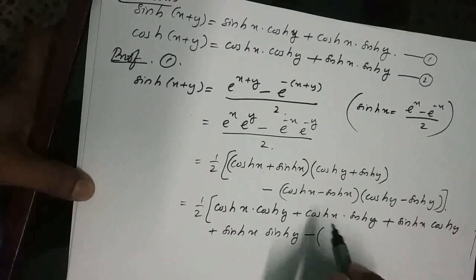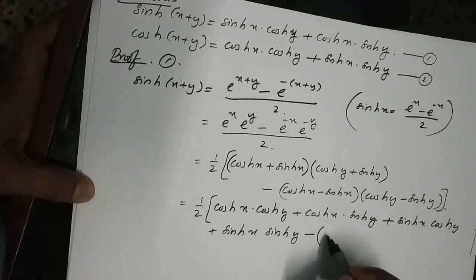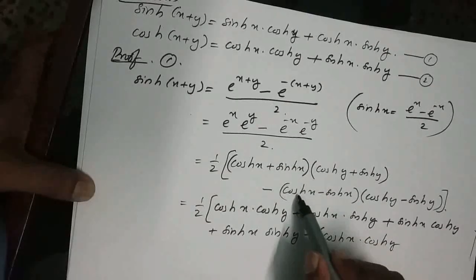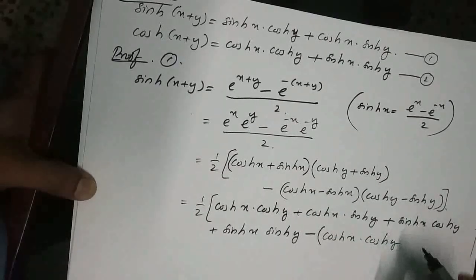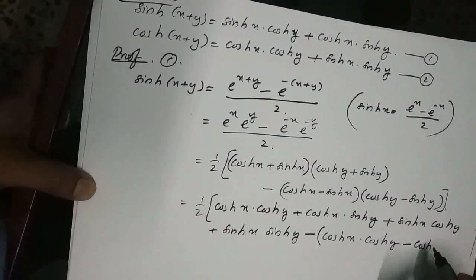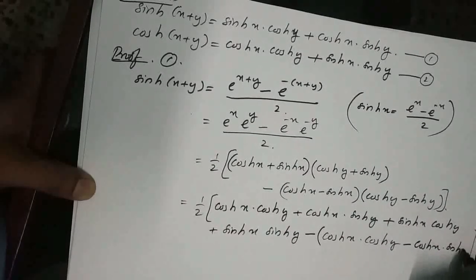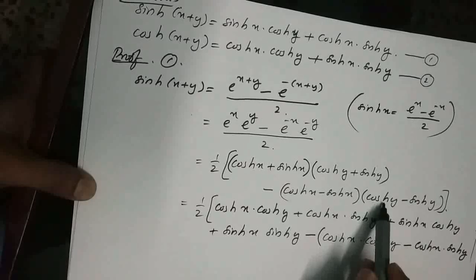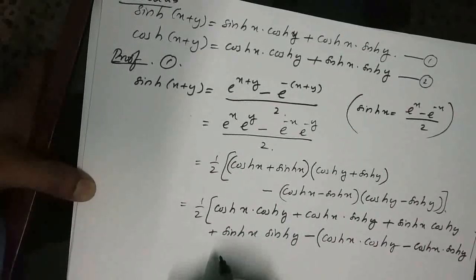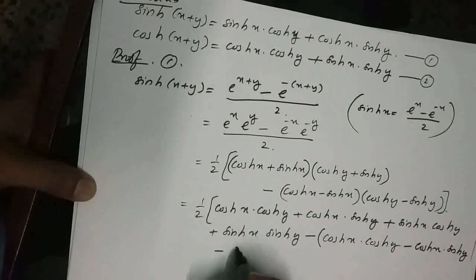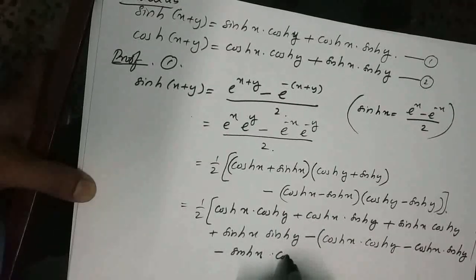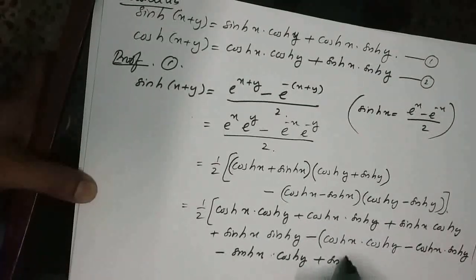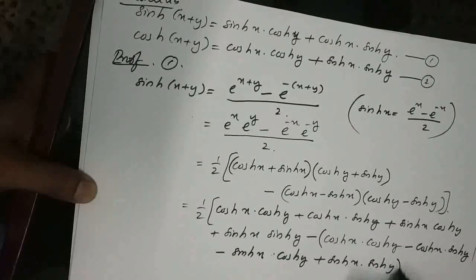Now negative of cosh x into cosh y, then cosh x into minus sinh y, that is minus cosh x into sinh y, then minus sinh x into cosh y, and sinh x into sinh y, plus sinh x into sinh y.